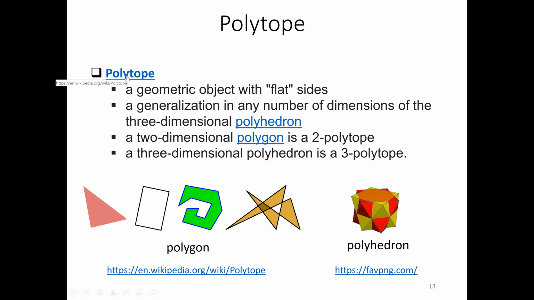Basically in math, a polyhedron is a three-dimensional polytope, defined for three dimensions.